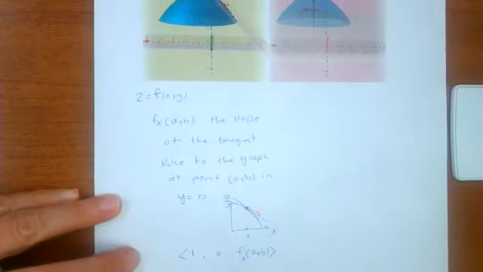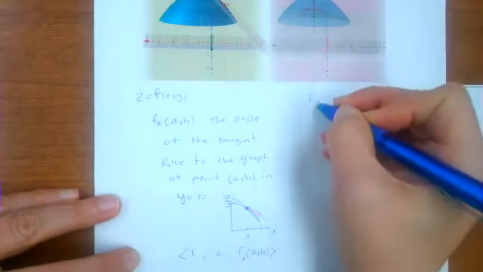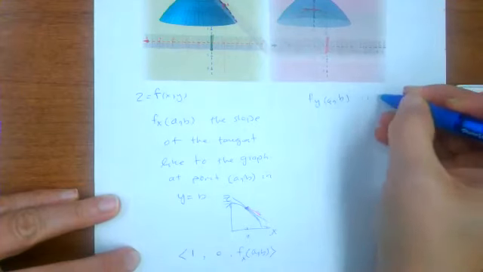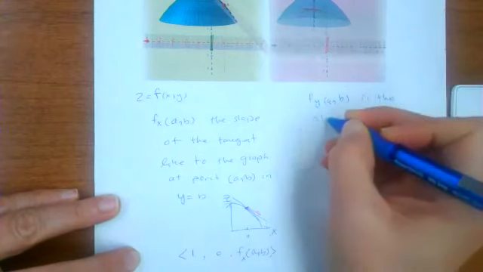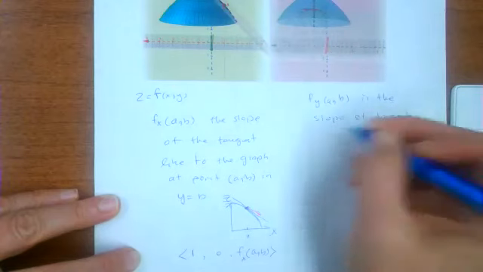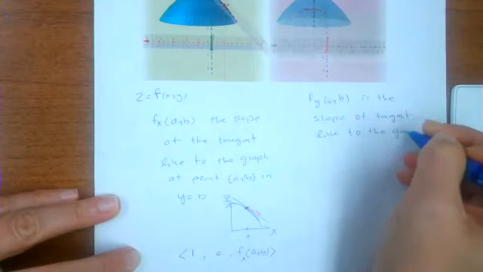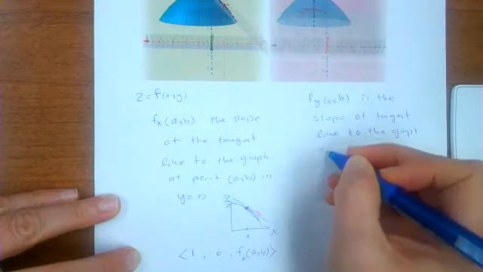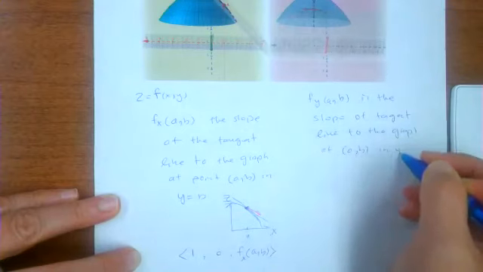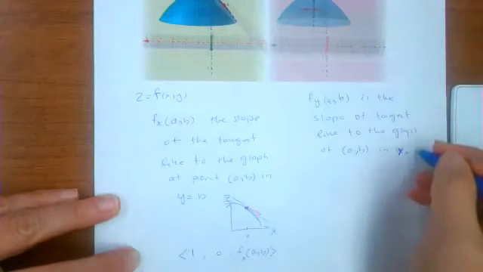Now, the same thing for when we have f sub y at (a, b) as the slope of the tangent line to the graph at point (a, b) in x equal to a.